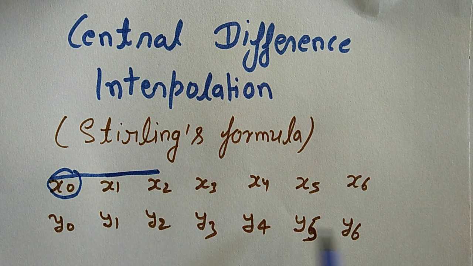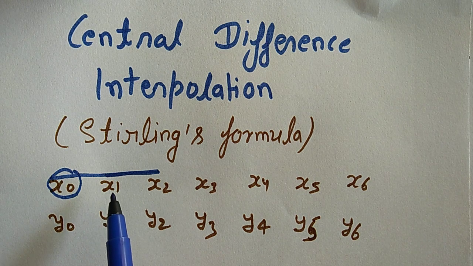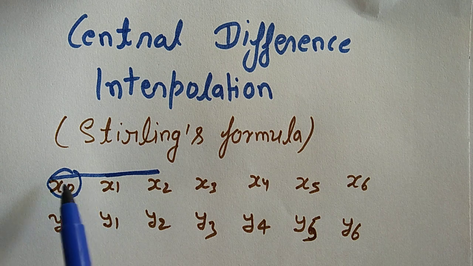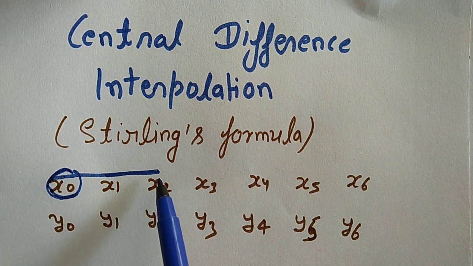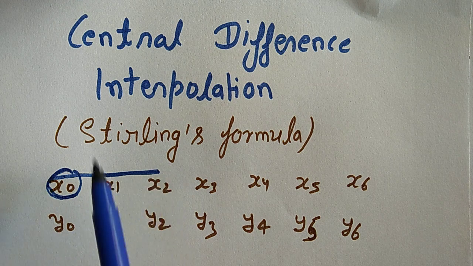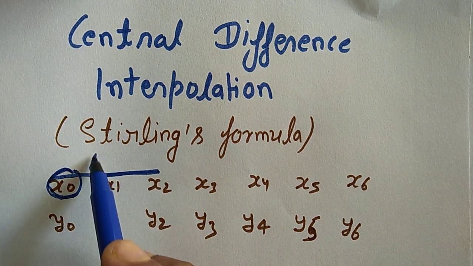Suppose this is the given data set and you want to find the value of y at a point which is near to the initial point, somewhere between x0 to x2. So use the Newton forward formula.